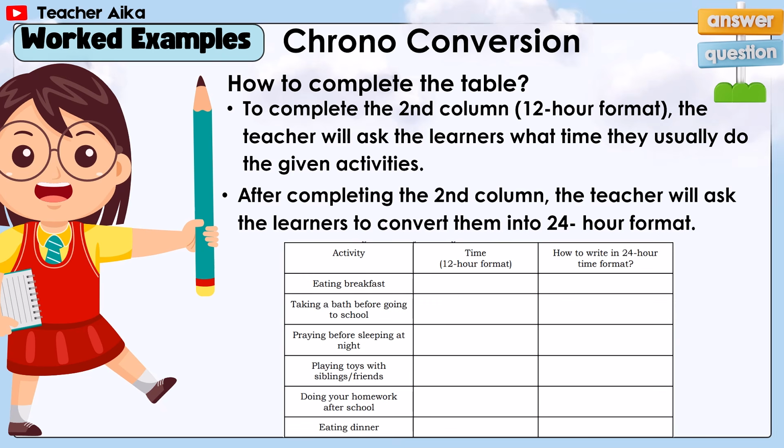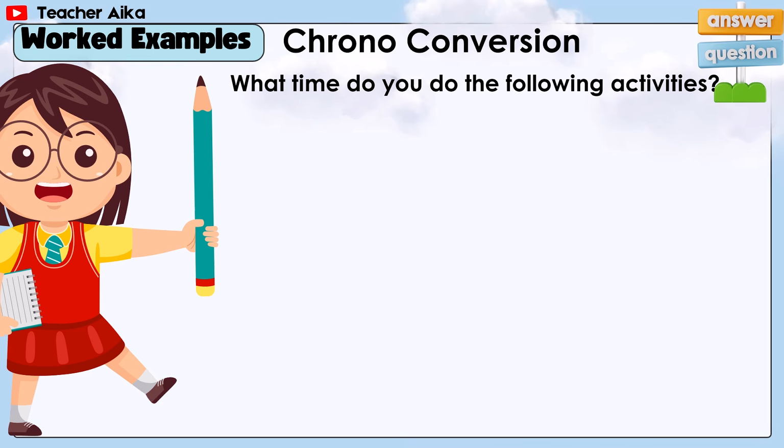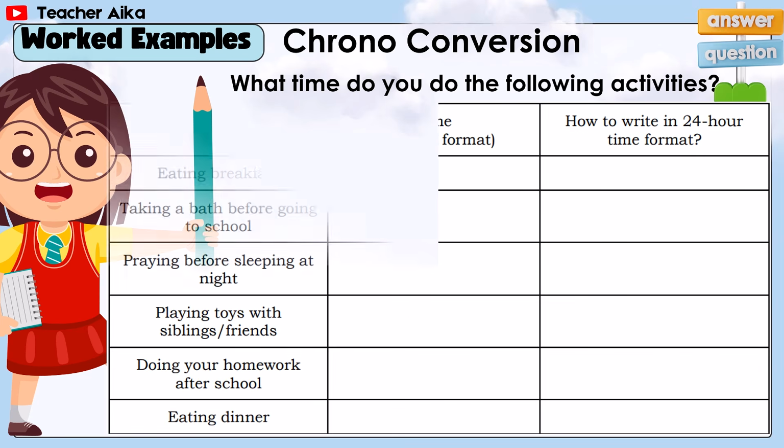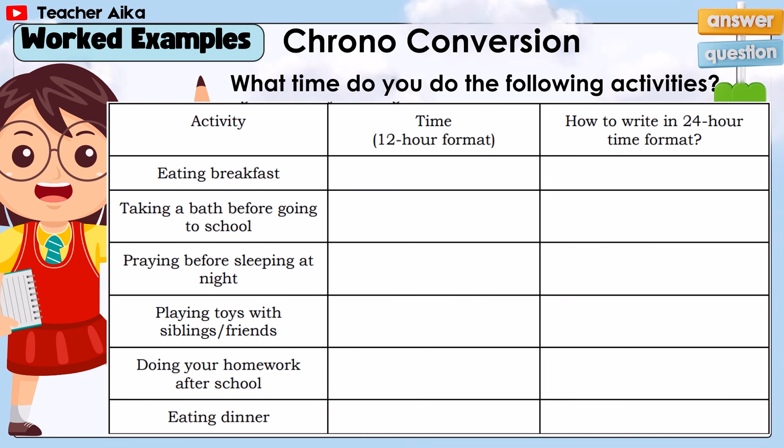First column, we have the activities. Second column, 12-hour format. Third column is how to write in 24-hour time format. And here's the bigger version of your activity. Do this in your notebook.